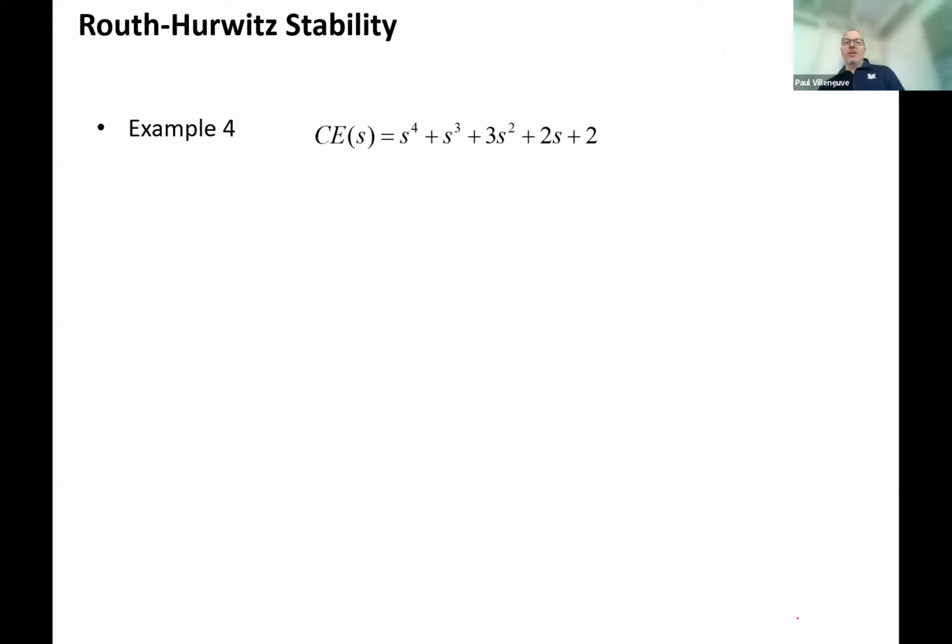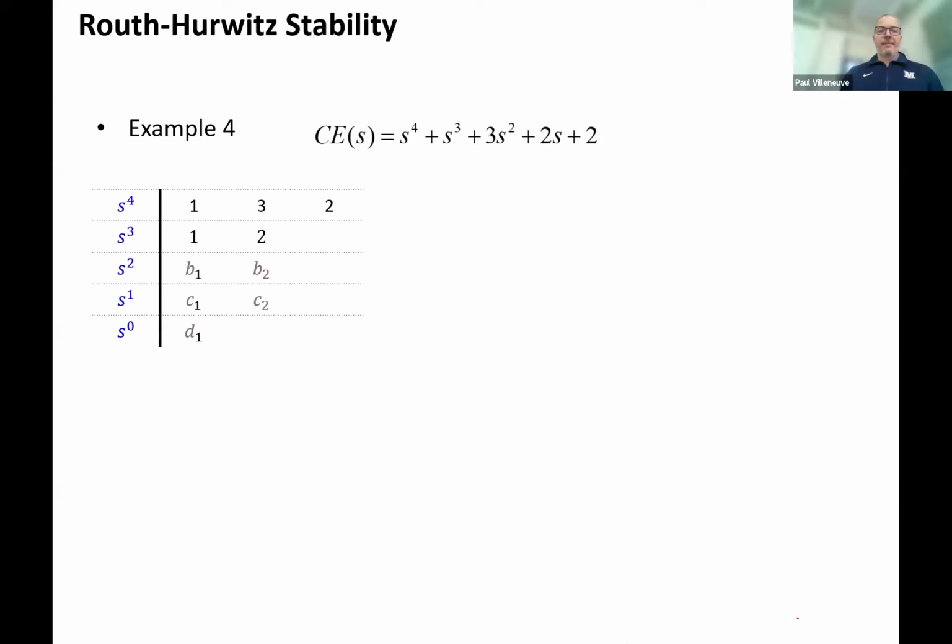All right, so here's an example. Here's our characteristic equation: S to the 4th plus S cubed plus 3S squared plus 2S plus 2. We want to go ahead and do Routh-Hurwitz. Everybody see how I got those coefficients? Everybody see where I got S to the 4th?